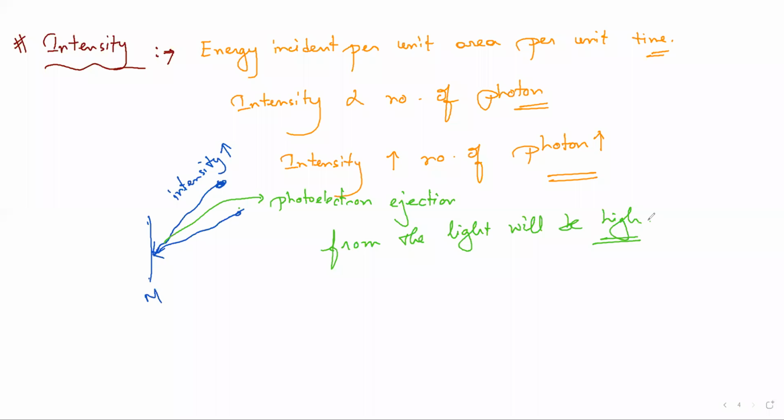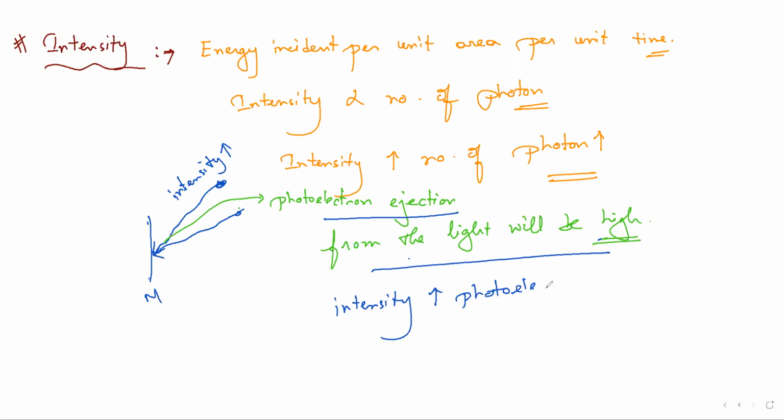And what is photocurrent? Photocurrent is basically proportional to intensity. If the intensity increases, photoelectron ejection also increases.